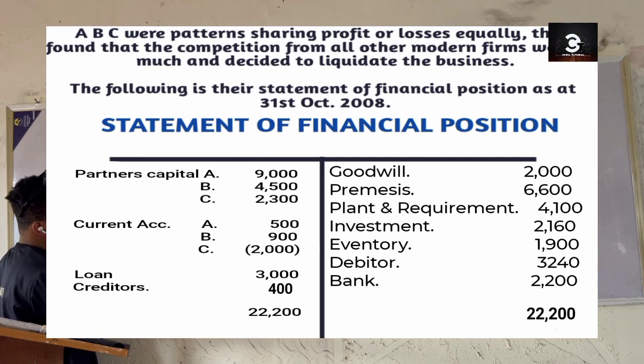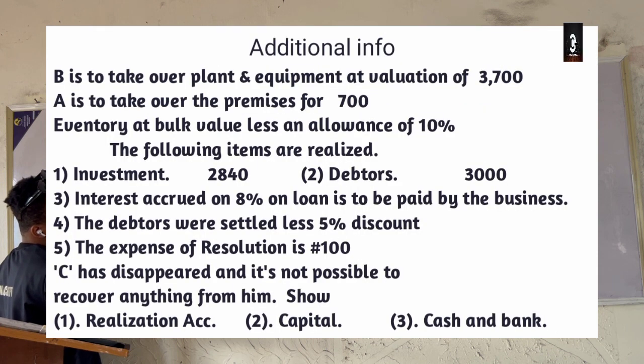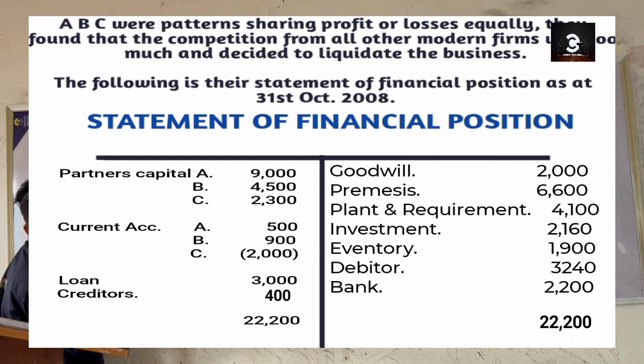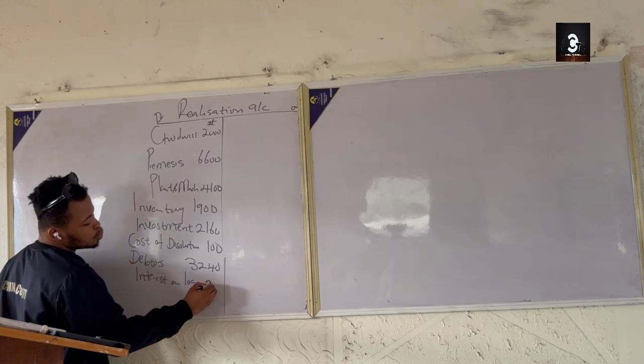Okay, then cost of dissolution. Like I told you, the only items that always come from the additional information are cost of dissolution and interest on loan. Cost of dissolution from the question is 100. Debtors, those that are owing the business, is 3,240. Then interest on loan. The examiner says interest on loan is 240.